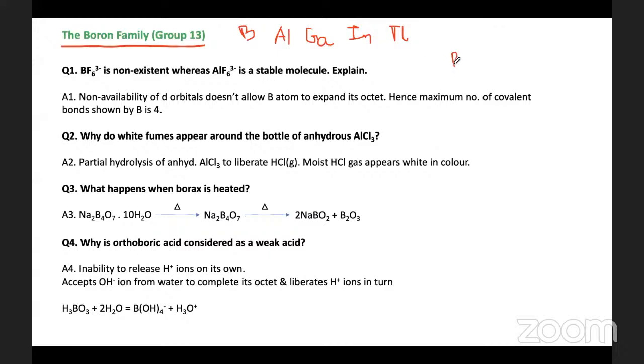So let me write this for you. This is boron hexafluoride 3-. And we have this aluminium hexafluoride species, that is AlF6 3-.